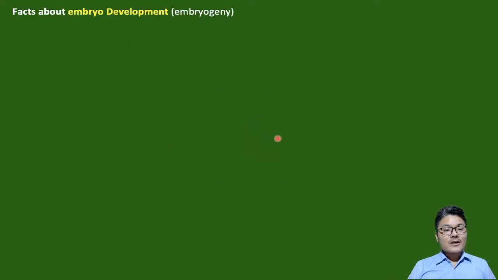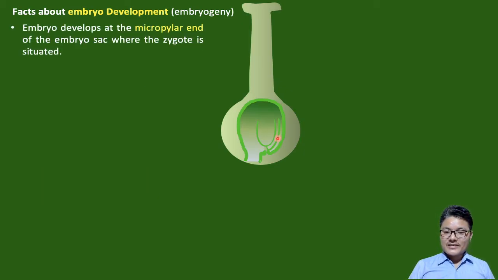Now, first look at some facts about embryo development in general. We know that embryo usually develops at the region called micropylar pole, where there is development of zygote. So zygote is formed at the micropylar end or micropylar pole or micropylar region.